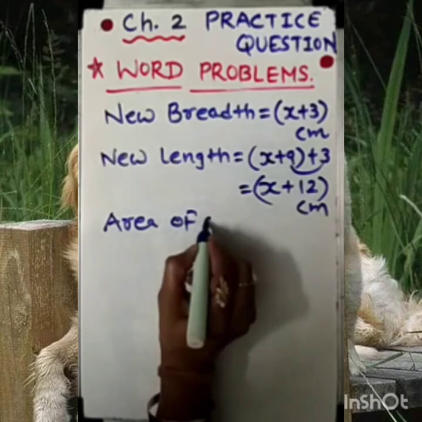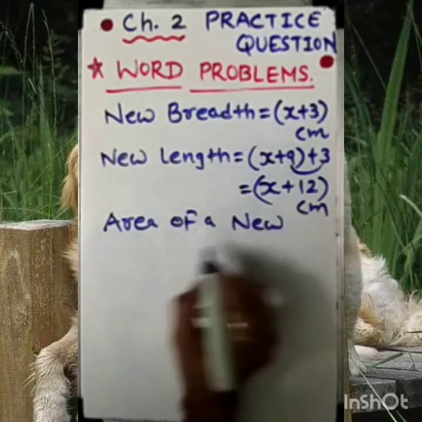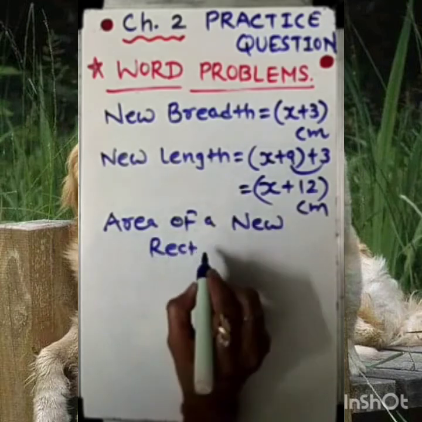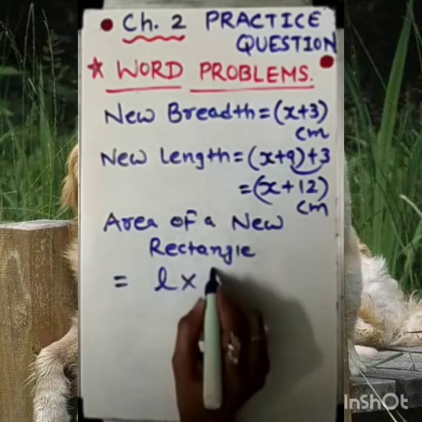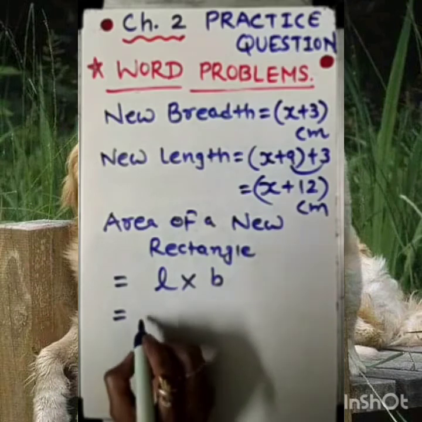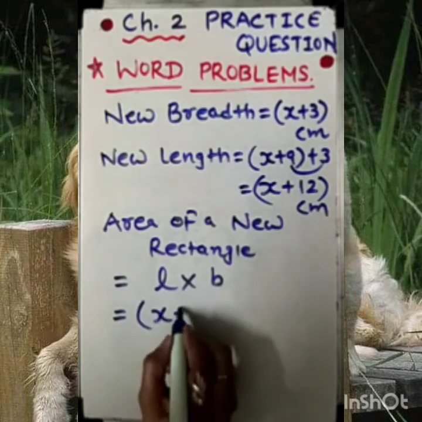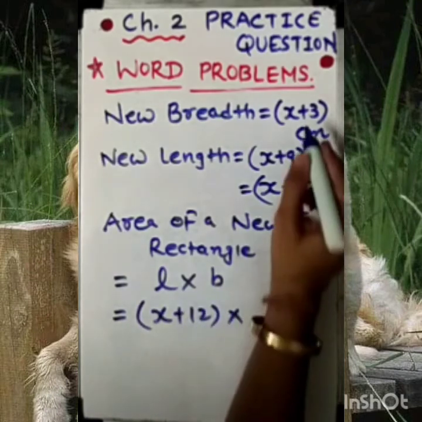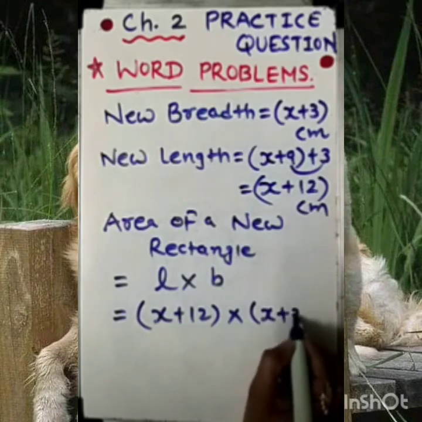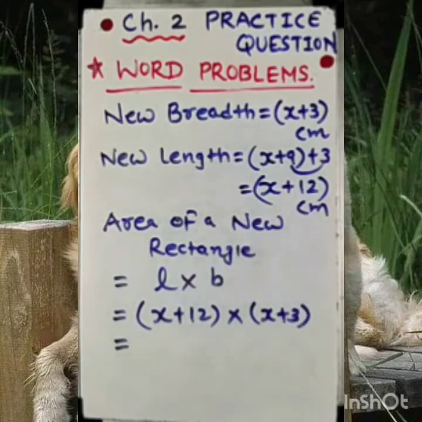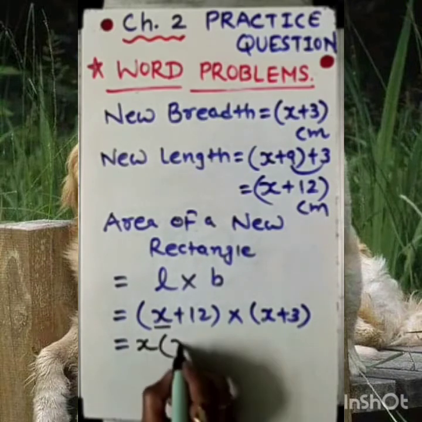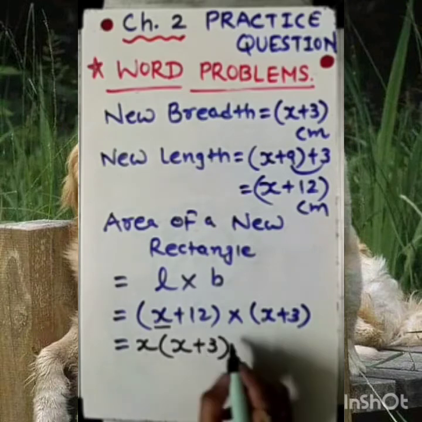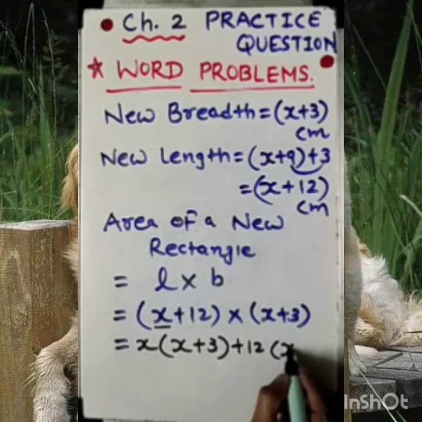Now, if I ask you to find the area of the new rectangle, of course it will be new length multiplied by new breadth. Our new length is x plus 12 and new breadth is x plus 3. How to multiply two brackets? First, multiply the x with the whole of this bracket. Secondly, multiply 12 with x plus 3.